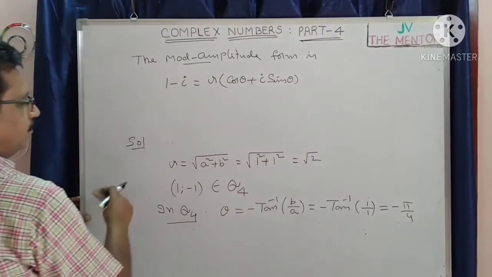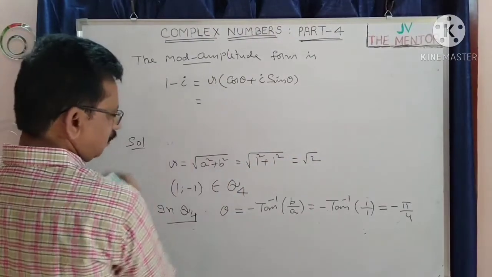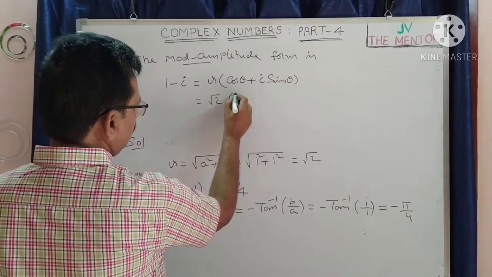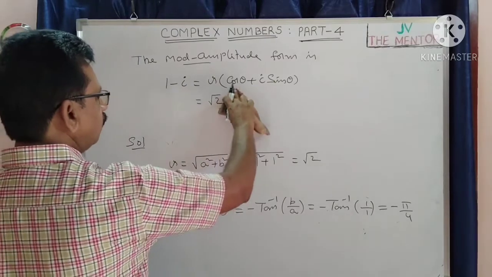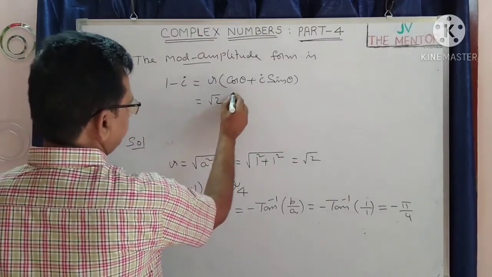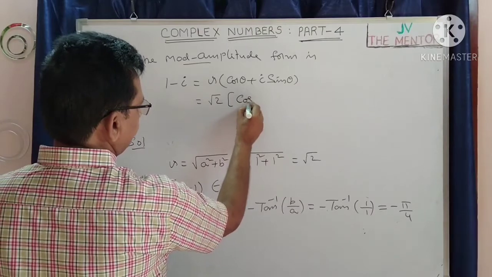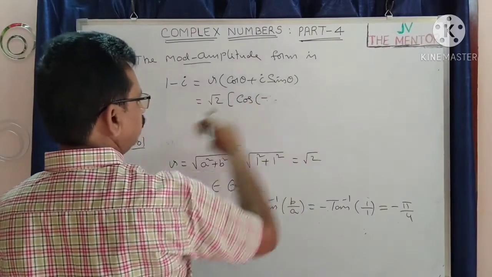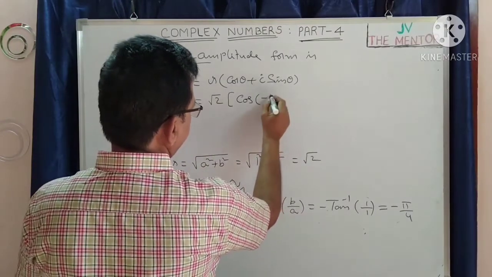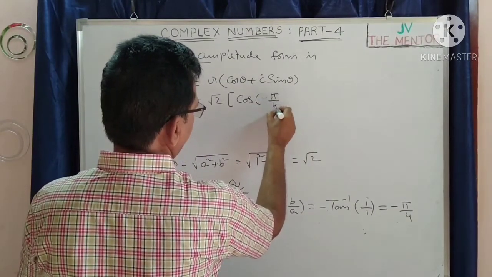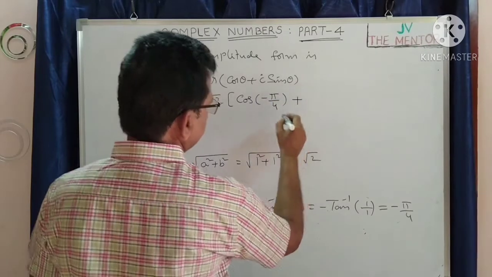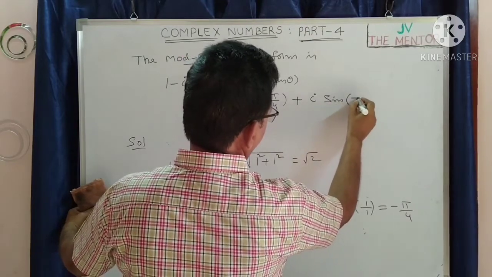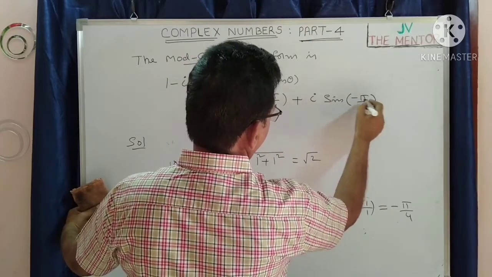So that equals, what is the value of R? Root 2 into cos of minus pi by 4 plus I sin of minus pi by 4.